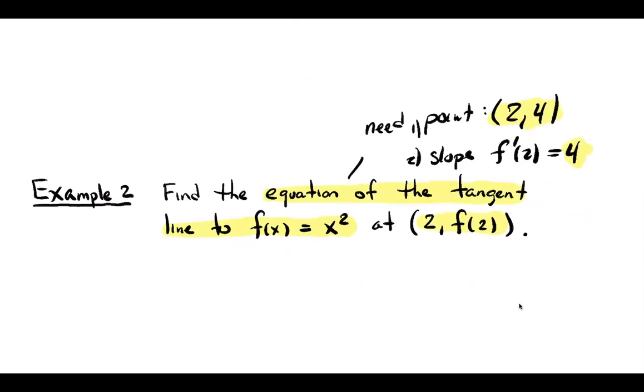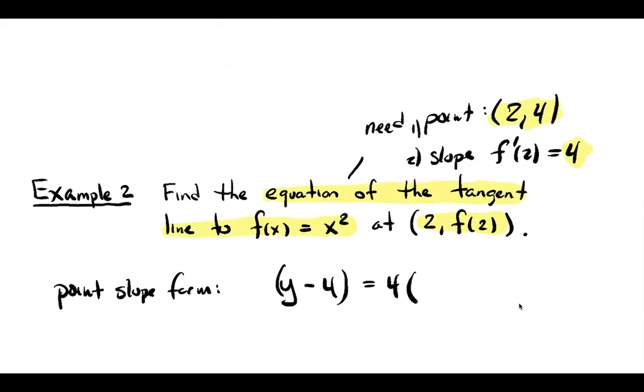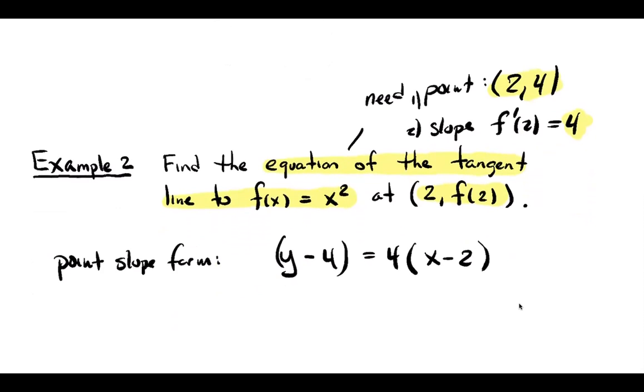So let's use the point slope form. Point slope form of a line, you take y, subtract the y coordinate that's known to be on the line, set that equal to the slope 4 times x minus the x coordinate of the point that's known to be on the line. In some sense, I'm done, but I like to put my lines in the form of y equals mx plus b. So let's just do a teeny little bit of algebra here.